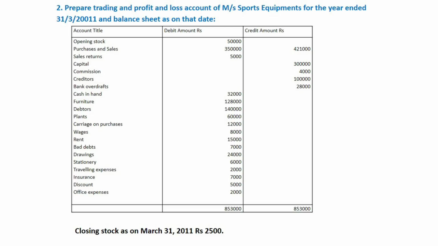debtors 1,40,000, plants rupees 60,000, carriage on purchases rupees 12,000, wages rupees 8,000, rent rupees 15,000, bad debts rupees 7,000, drawings rupees 24,000, stationery rupees 6,000, travelling expenses rupees 2,000, insurance rupees 7,000, discount, so discount is given in the debit column, therefore it is discount allowed 5,000 rupees, office expenses 2,000 rupees.